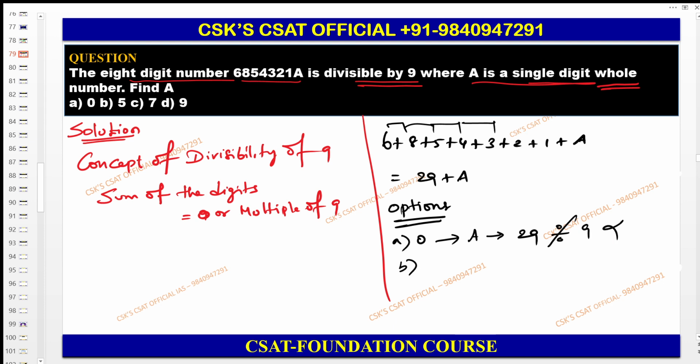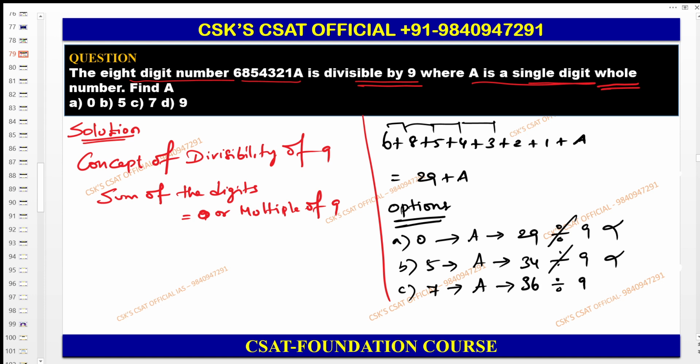Now let us take 5 here. Placing it in A's place, it becomes 34. 34 is also not divisible by 9. Leave it. Now the next option is 7. When I place 7 here, I get 36, which is divisible by 9.